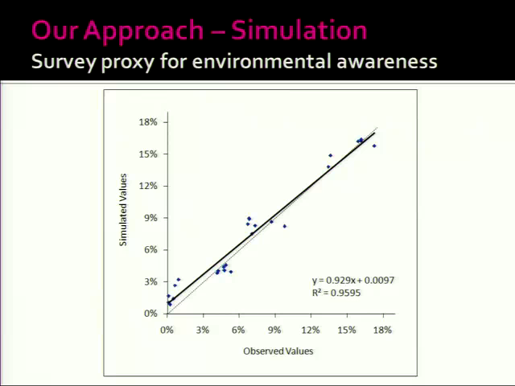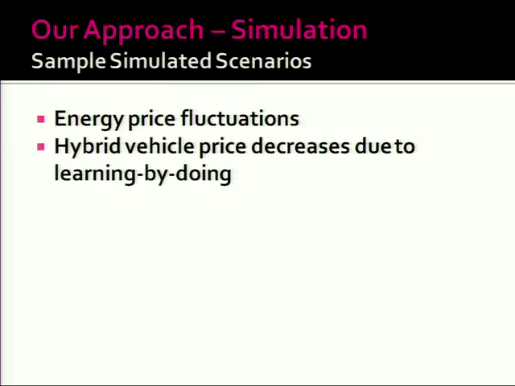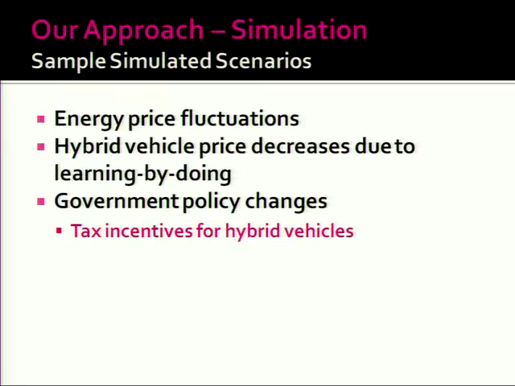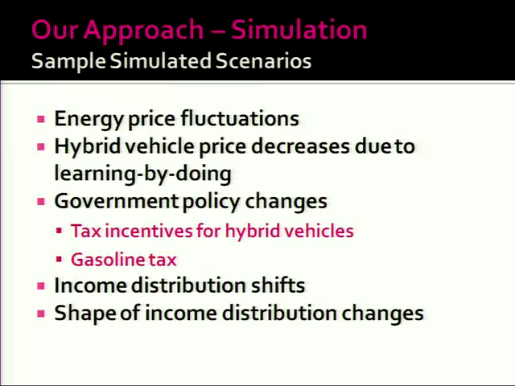So we thought that this was pretty close, so we could use this model to forecast certain things. And we tried to forecast what would happen if we had energy price fluctuations, what would happen if vehicle prices went down for hybrid cars, different policy changes like tax incentives that brought the overall fixed cost down, or changes in gasoline prices, shifts in income distribution, the shape of the income distribution.